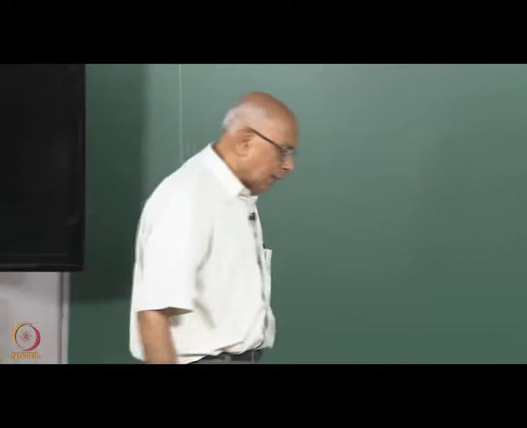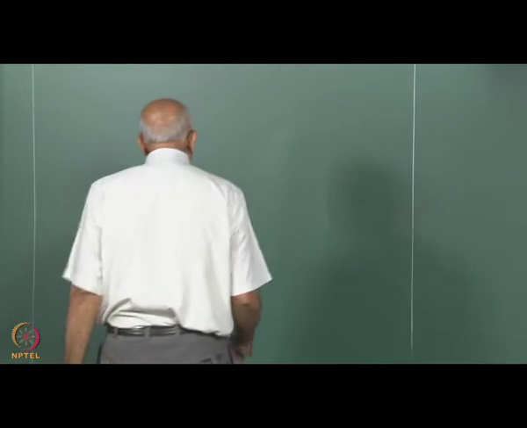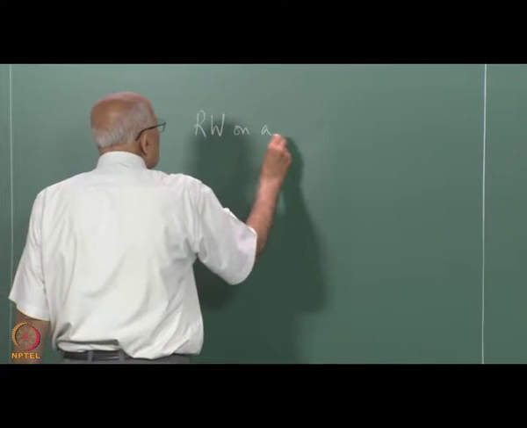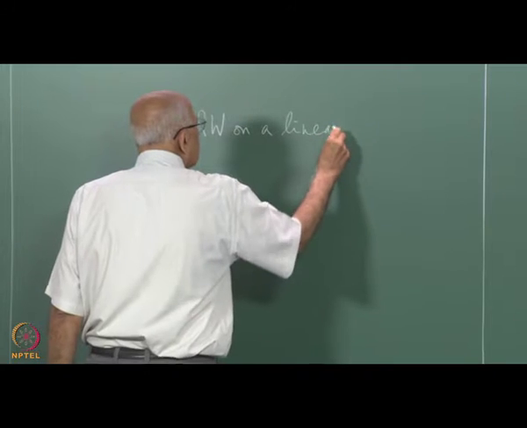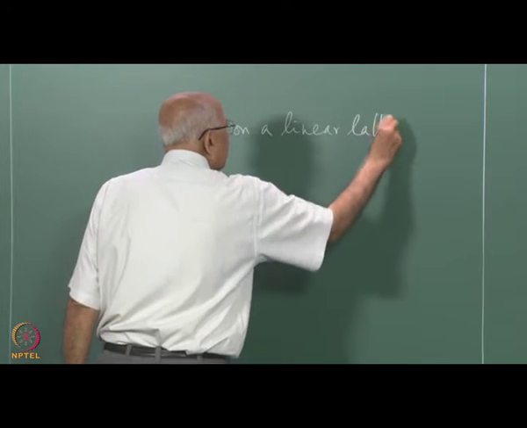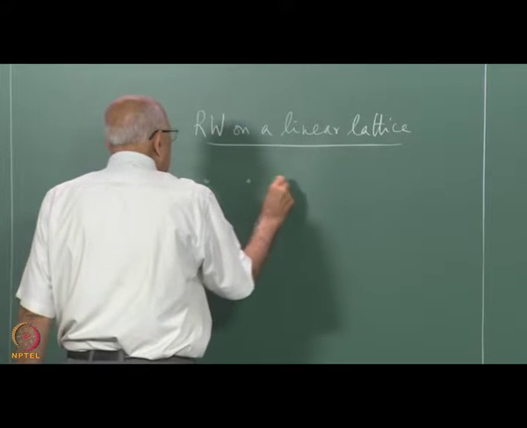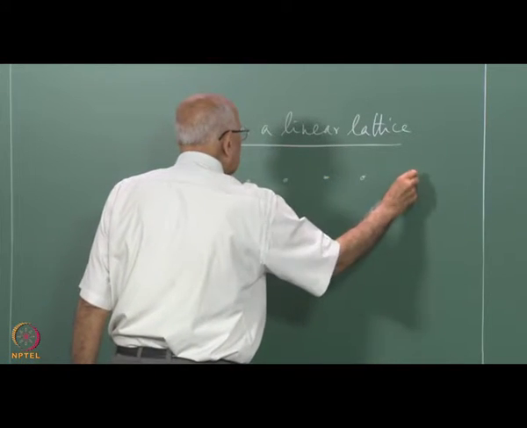of what is happening. Now if you recall our random walk problem, this was a random walk on a linear lattice. If you recall, we had these sites on the lattice.